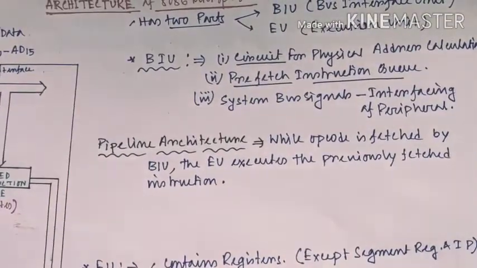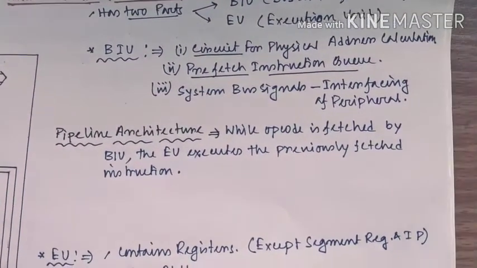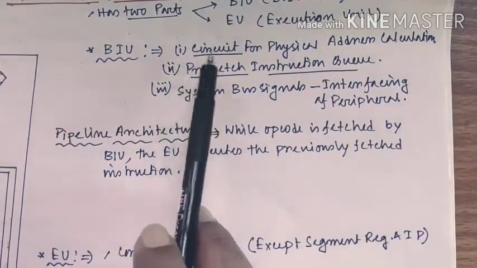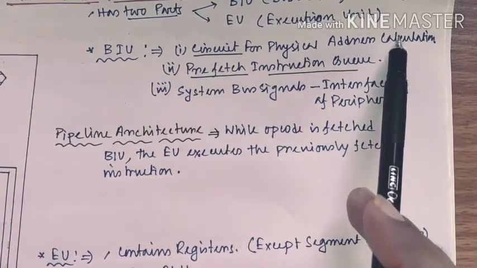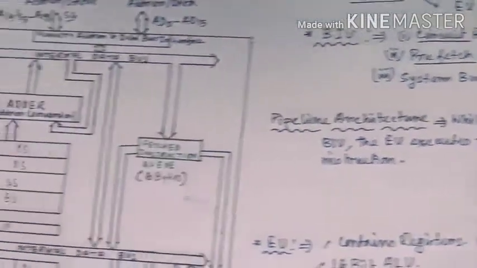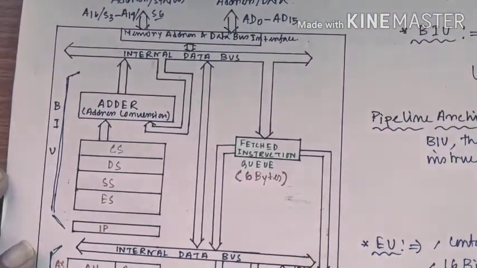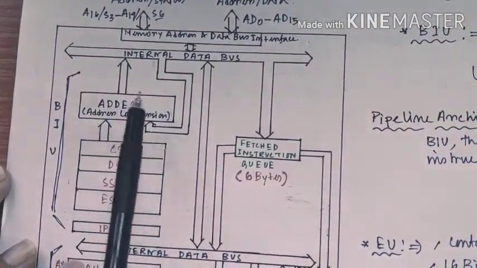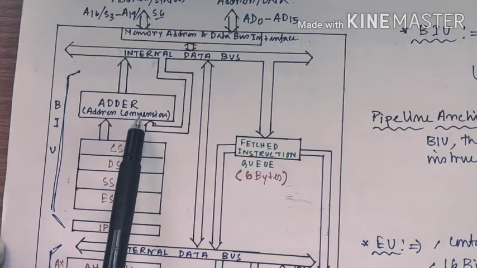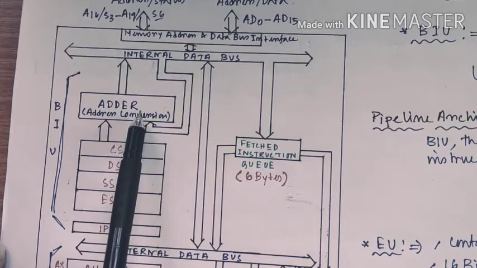We should remember what is the function of BIU. Certain points are written here that are very important. The circuit for physical address calculation is contained within BIU. From the diagram you can find this is called adder. This is basically the circuit which is required to compute the physical address from two different addresses.